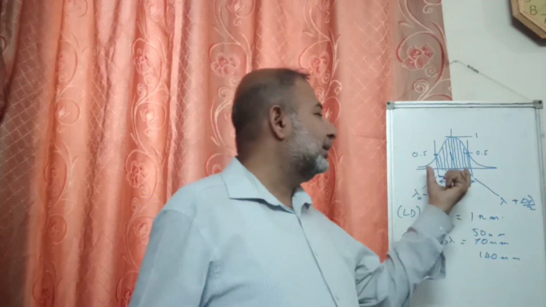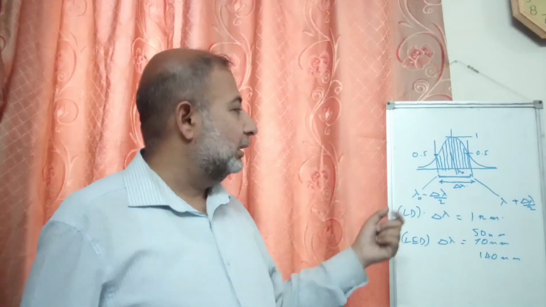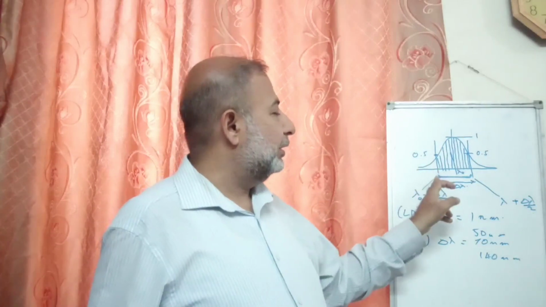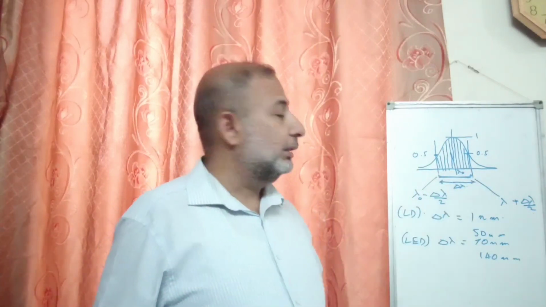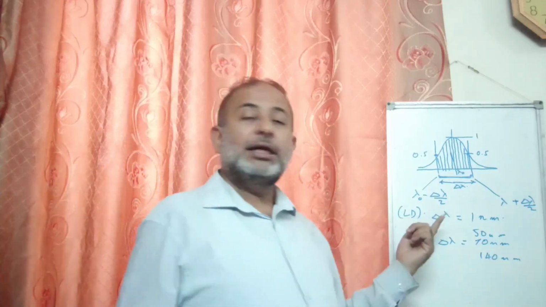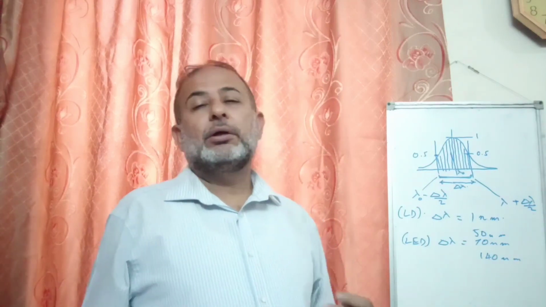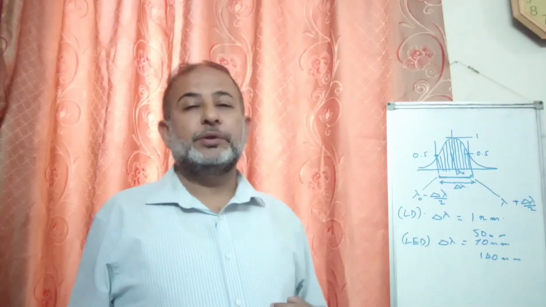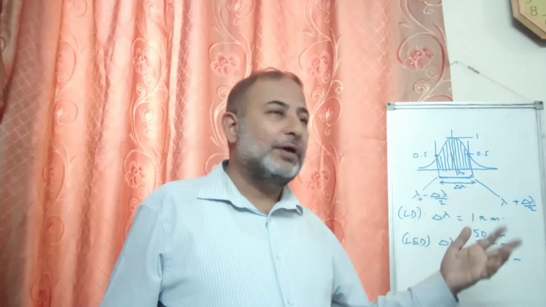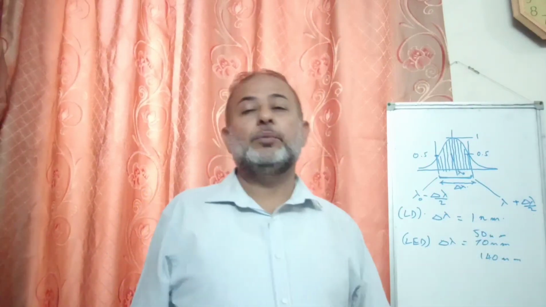Delta lambda is the spectral width of this particular source. So it comes from here till here, right? In a laser diode, normally the delta lambda is approximately 1 nanometer or 2 nanometers or even less than 1 nanometer. But in LEDs, it might have different values ranging between 50 nanometers and 140 nanometers.